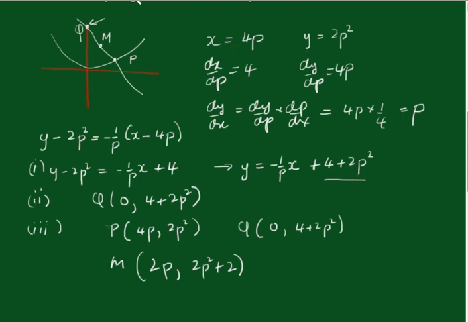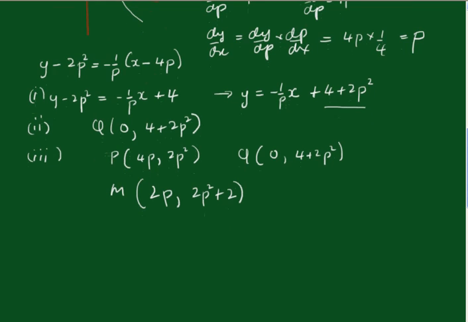Okay, so now we need to find the Cartesian locus of that point. It's in parametric form, so we'll say x is equal to 2p, y is equal to 2p squared plus 2, which of course means here that p must equal x over 2.